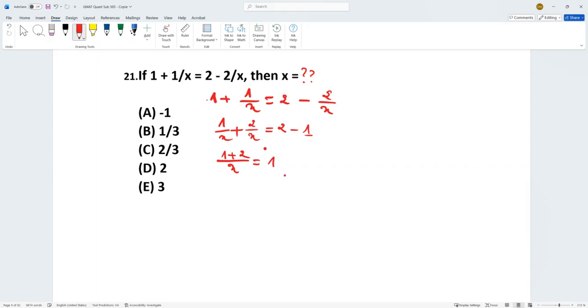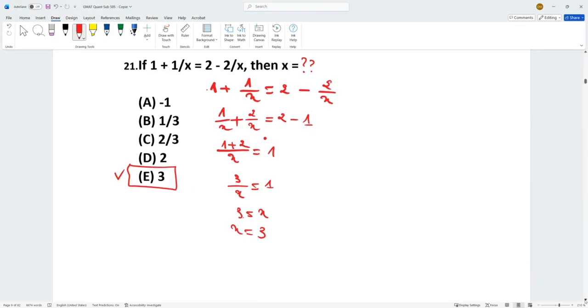This leads us to 3 over x equal to 1, so 3 will be equal to x. This is simply saying that x is equal to 3. So definitely our answer is answer E. That's a very simple question that you can answer like this.